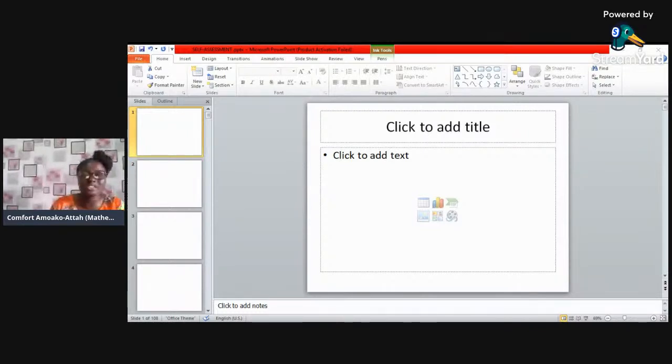Good, so this is a try one for you. You solve it and bring your answers to the comment section for me to evaluate for you. Good. Let's move to our second question.